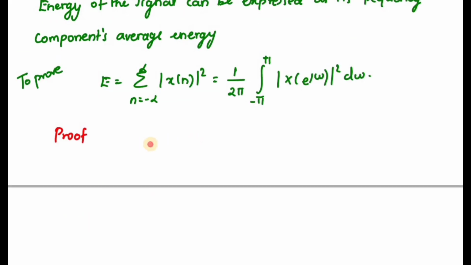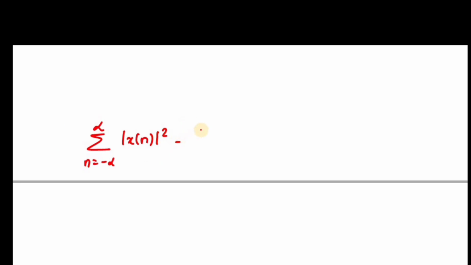Okay, so for the proof, let me take this equation: summation n is equal to minus infinity to infinity of modulus x of n, the whole square.